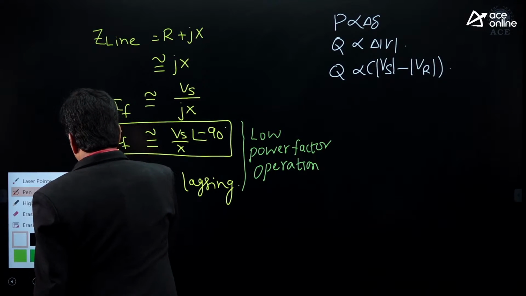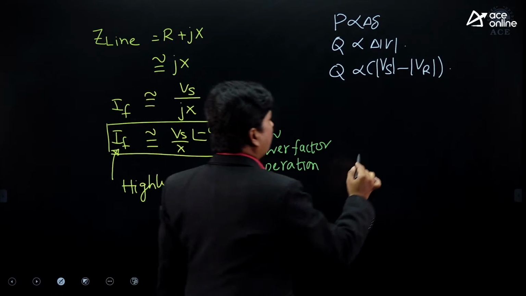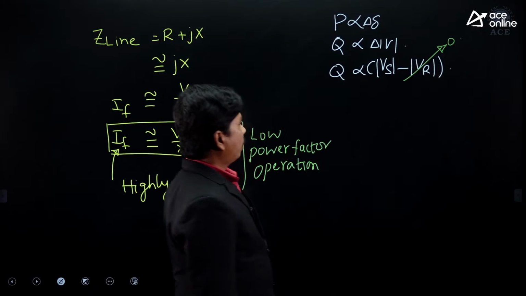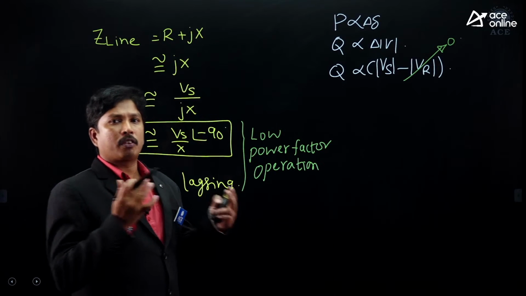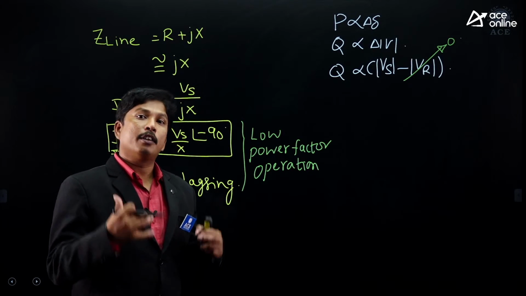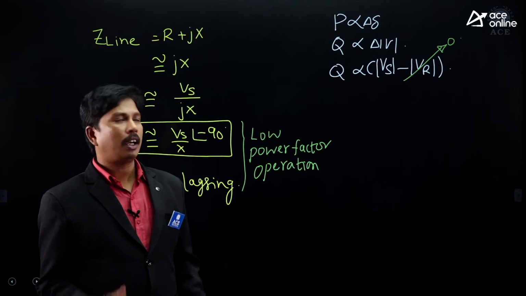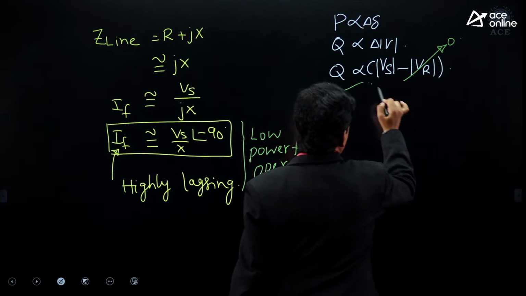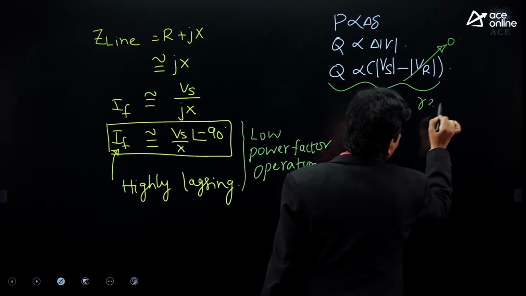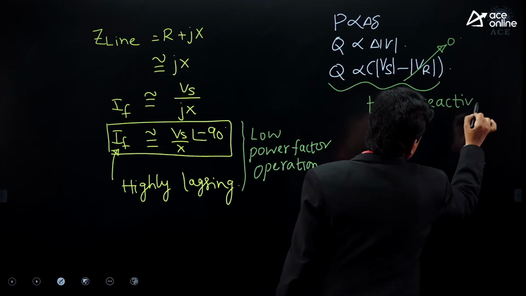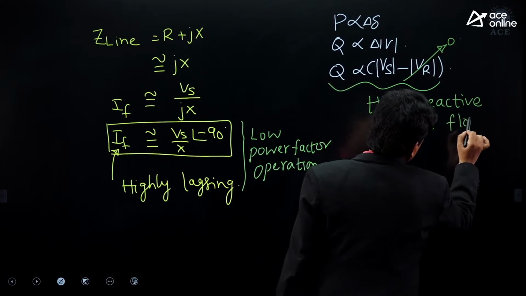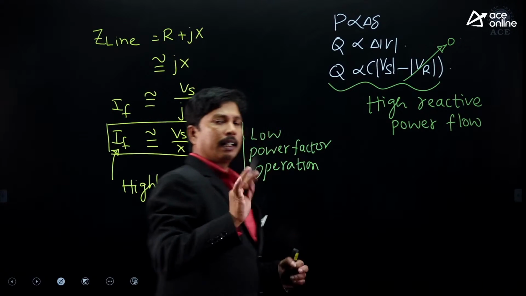Here the receiving end voltage is approximately 0 because of the short circuit. So there will be high reactive power flow from the sending end to the receiving end under the faulted condition.